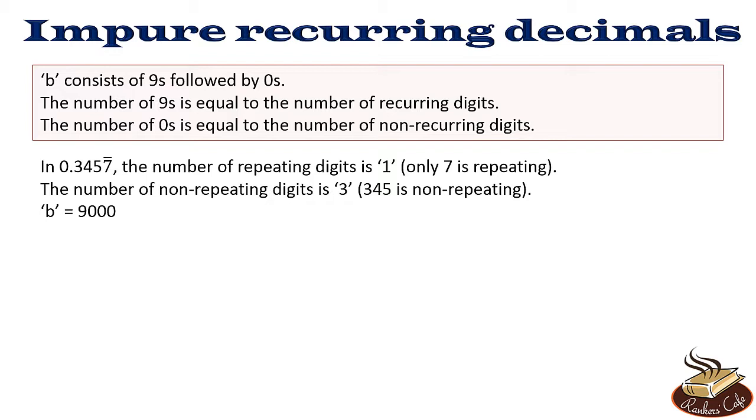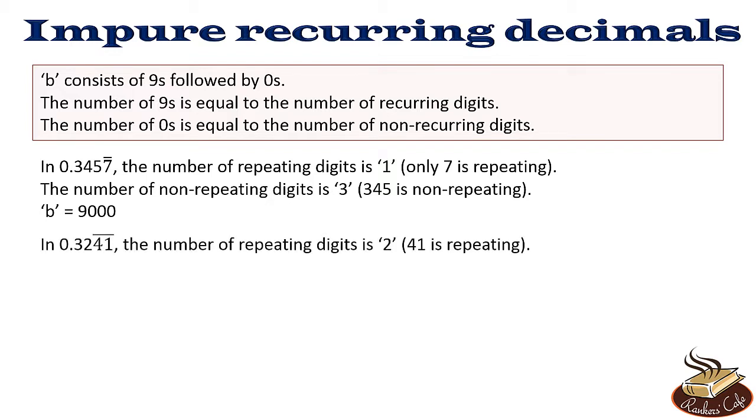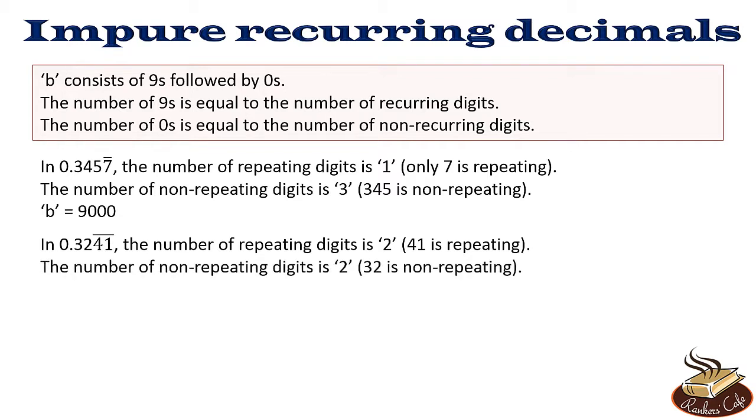In the second example, the number of repeating digits is 2. 4 and 1 are repeating. The number of non-repeating digits is also 2, as 3 and 2 are non-repeating. So we write 9900 in the denominator. So the values of our two fractions are 3112 divided by 9000 and 3209 divided by 9900.